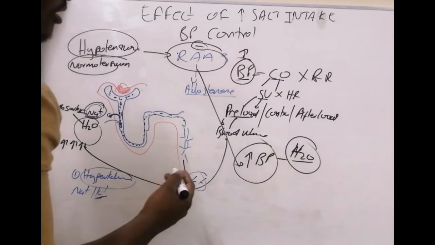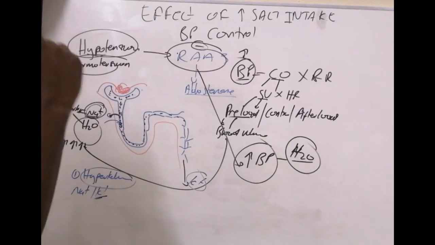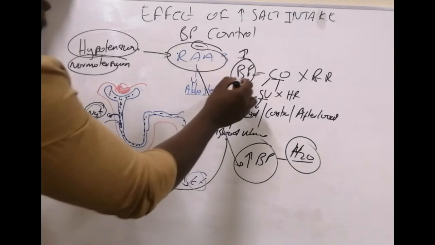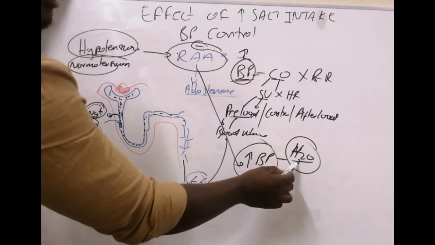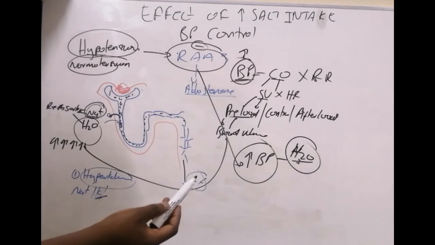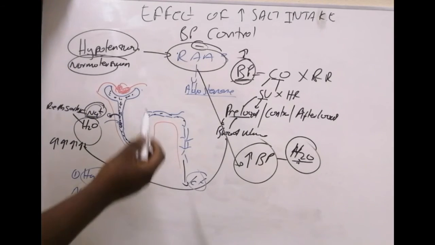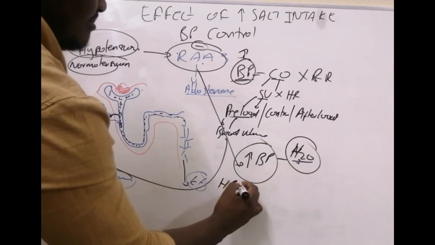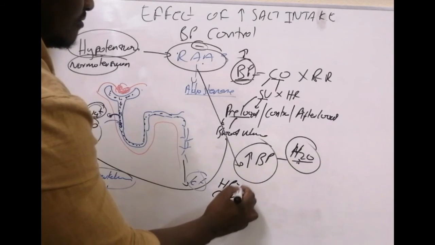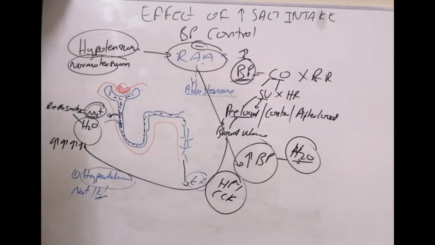Now, when you've got hypertension, you already have a high blood pressure. So now, retaining more water will not do you any good. So, this system is horrible for a patient who's hypertensive and has got CCF. It's a bad system.